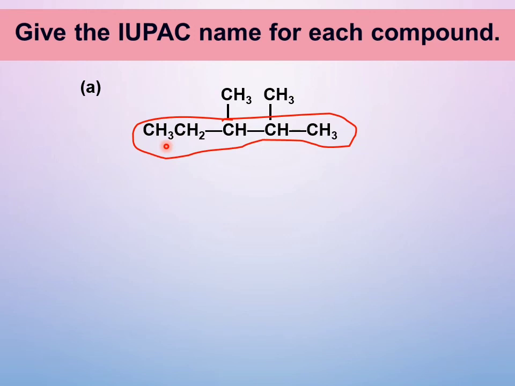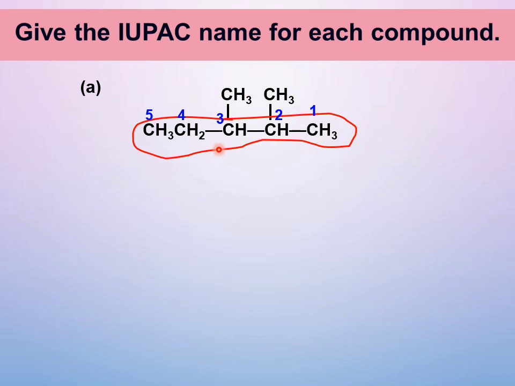When you number, make sure your substituents have the lower numbers. We should start the numbering from the right: 1, 2, 3, 4, 5. If you start from the left, your substituents will be on carbons 3 and 4. Starting from the right, my substituents are at carbons 2 and 3, which is the lower set.